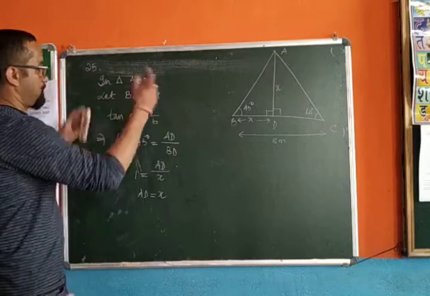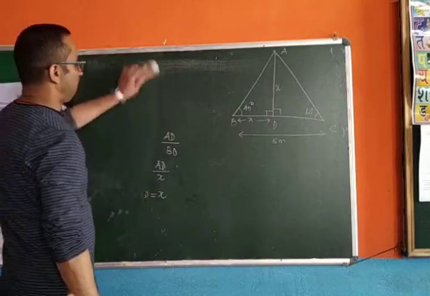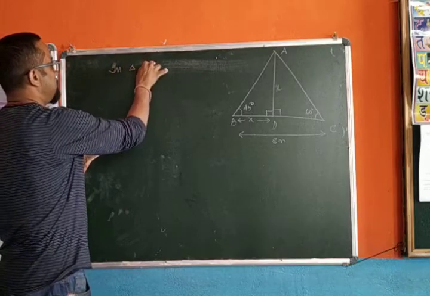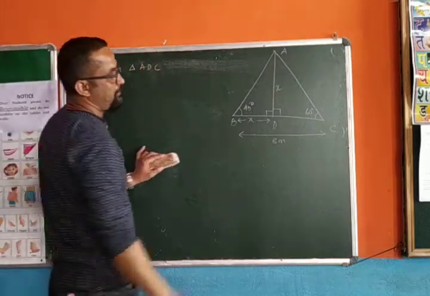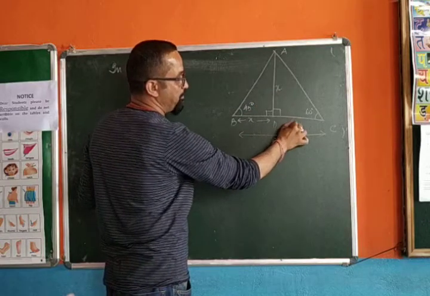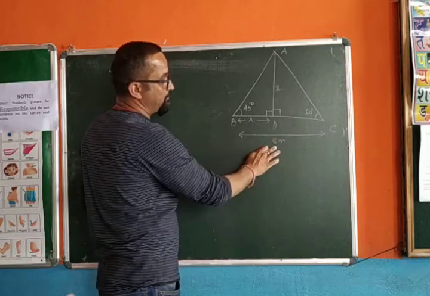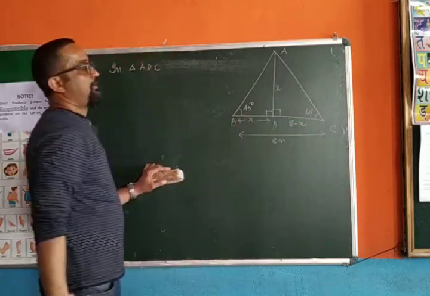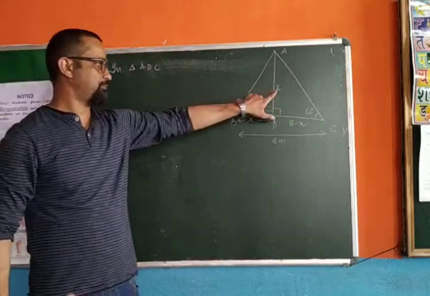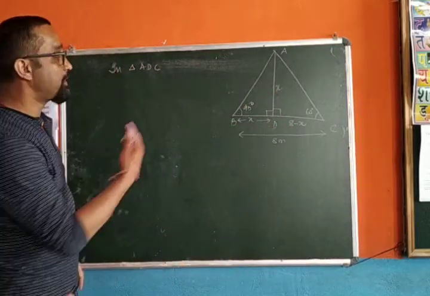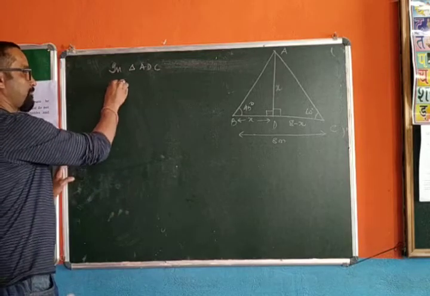Now we use the second right angle triangle. In triangle ADC, we know the perpendicular. We can calculate the base: total length 8 minus x. Again we have perpendicular and base, so we can use tan again.